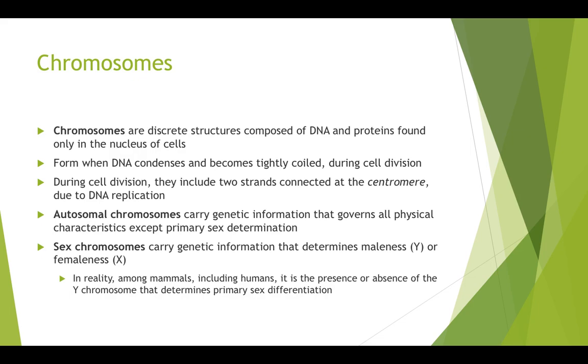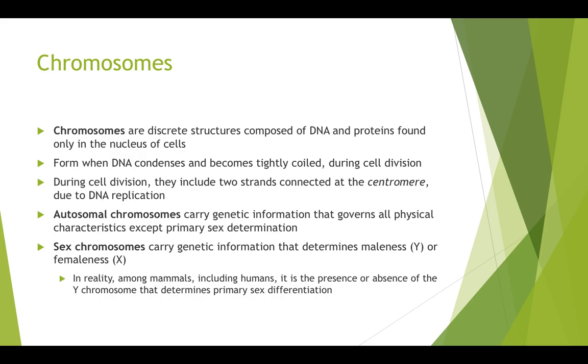So what happens during DNA transcription during the process of cell division is that DNA is copied, that strand is copied in its entirety, and this results in homologous chromosomes joined at the centromere. Our autosomal chromosomes carry genetic information that governs all physical characteristics except for our primary sex determination.